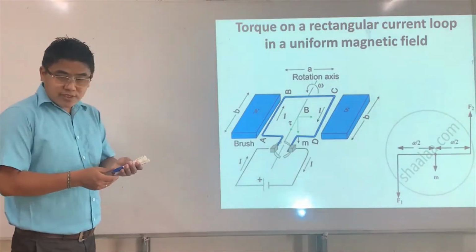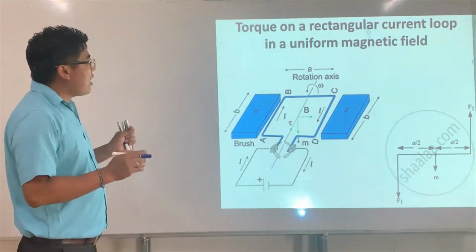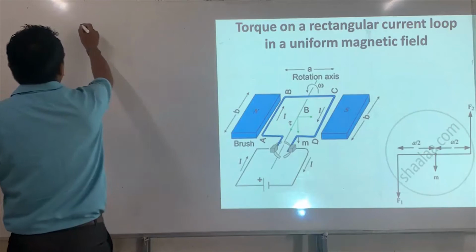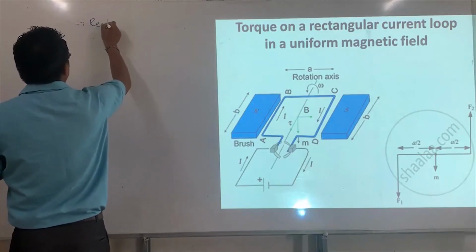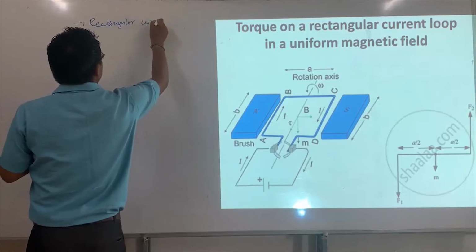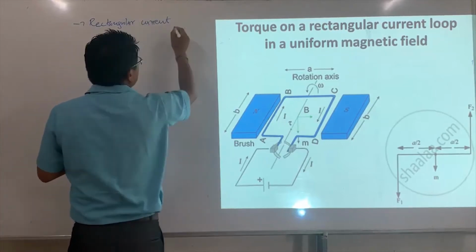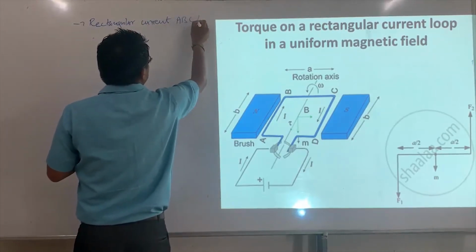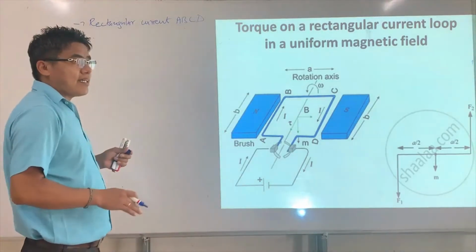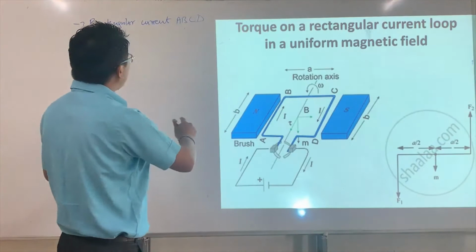I consider a rectangular current loop, let's say the rectangle is ABCD. This is the rectangular current loop, just placed in a uniform magnetic field.